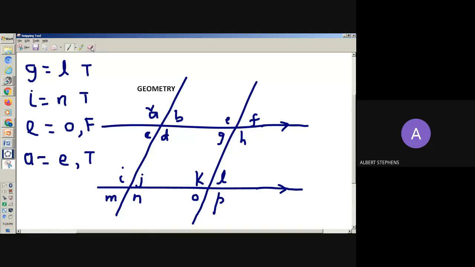Actually, true. Yes, sir, they're corresponding. Just like how A corresponds to I, A also corresponds to what? To E.